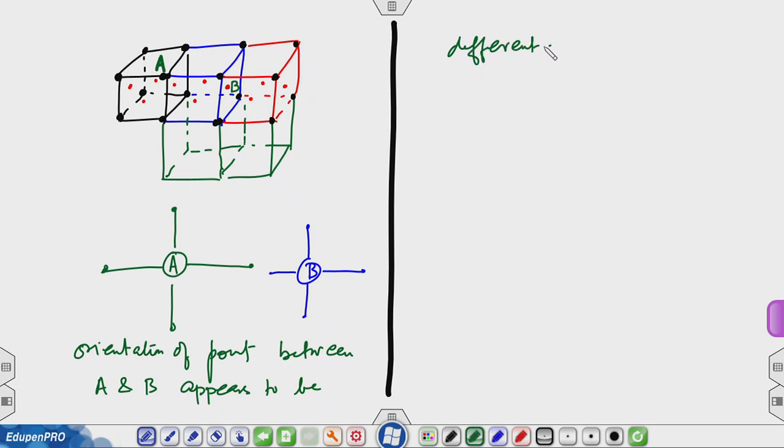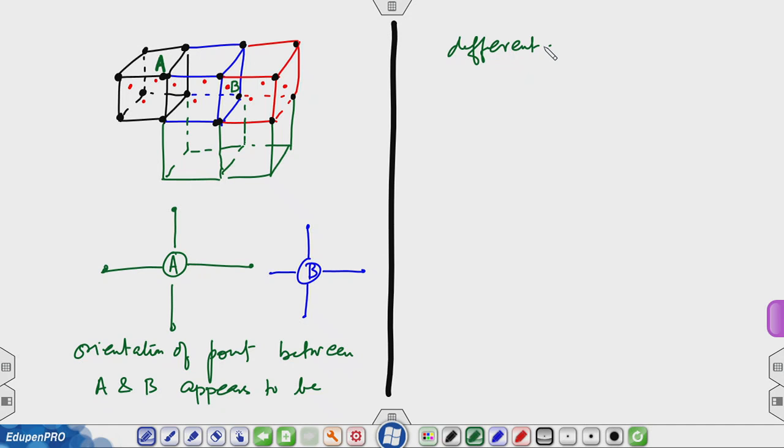And I am using the words "appears to be different" because I would like you to check it also, whether I am right or not. So, at B you have points along the diagonals of the faces, and on A also you have them along the diagonals, that looks the same.